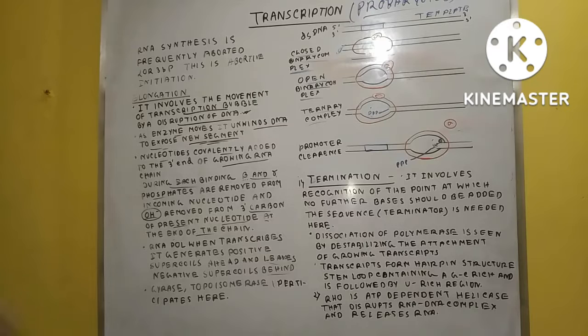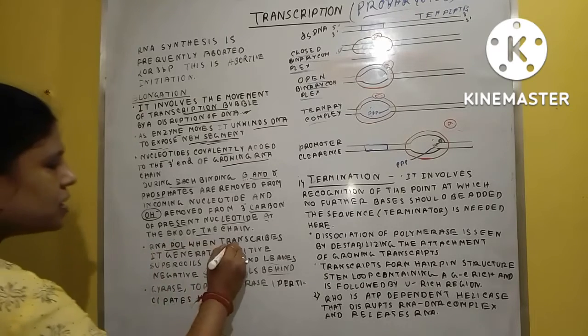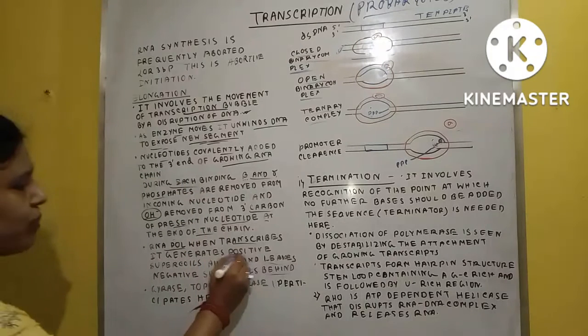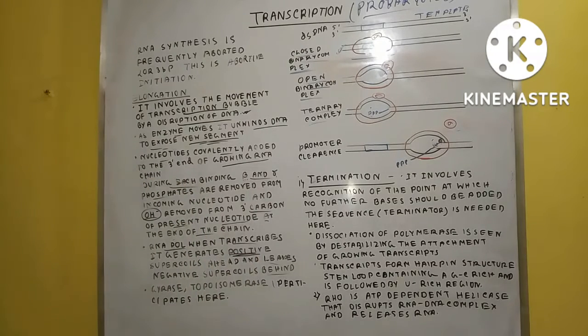Suppose that area is totally involved in the formation of the transcript. So when the transcript is formed from that area, what happens? The RNA pol, when it continuously transcribes along the DNA chain, forms positive supercoils ahead.